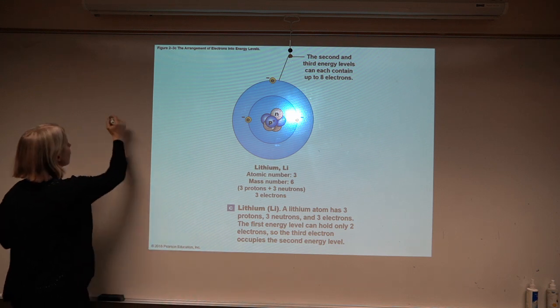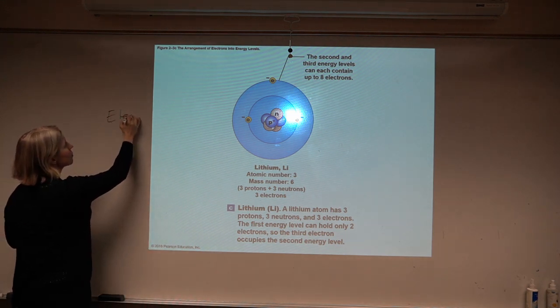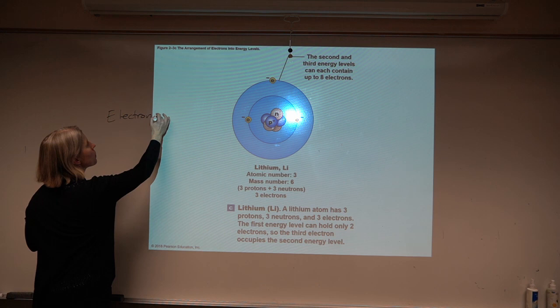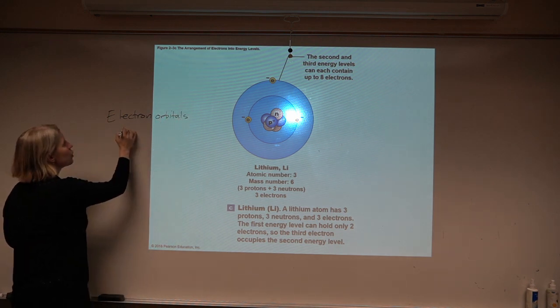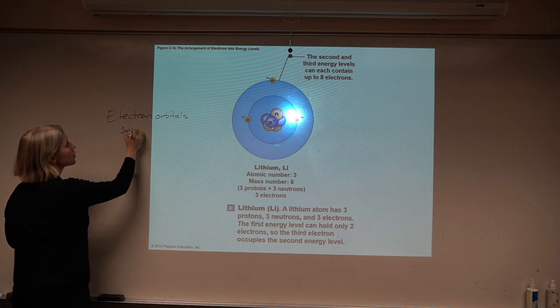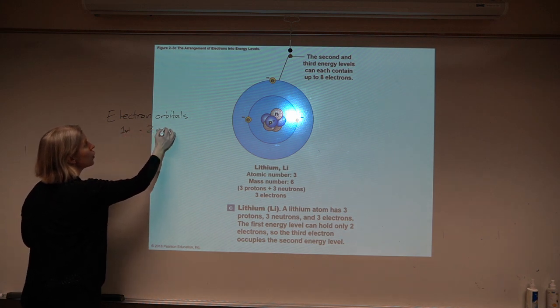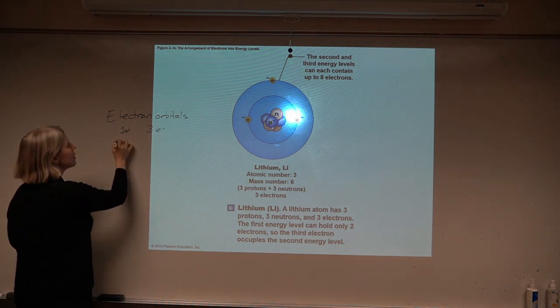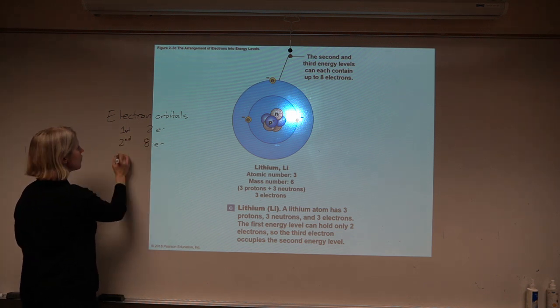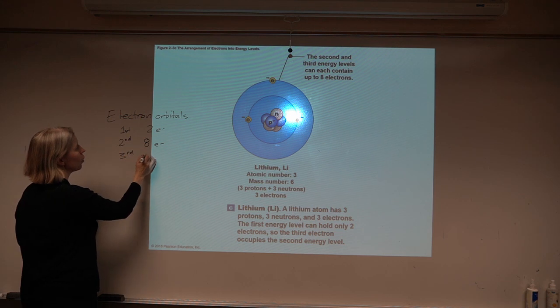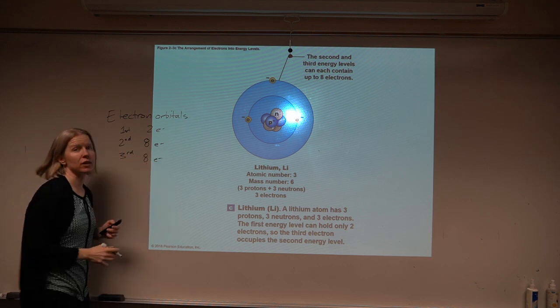So the way this works is that the innermost orbital, I'll just call it the first orbital, can hold 2 electrons. The second holds 8 electrons, and the third holds 8 electrons as well.